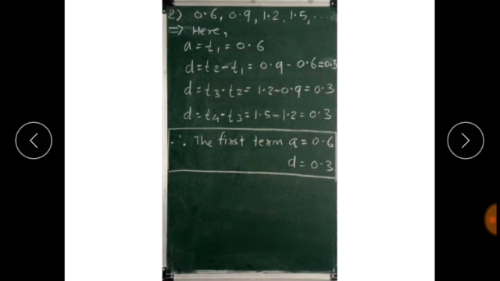Similarly, T3 minus T2, 1.2 minus 0.9, is again equal to 0.3. T4 minus T3 is also 0.3. Therefore, the first term A is equal to 0.6 and the common difference D is 0.3.